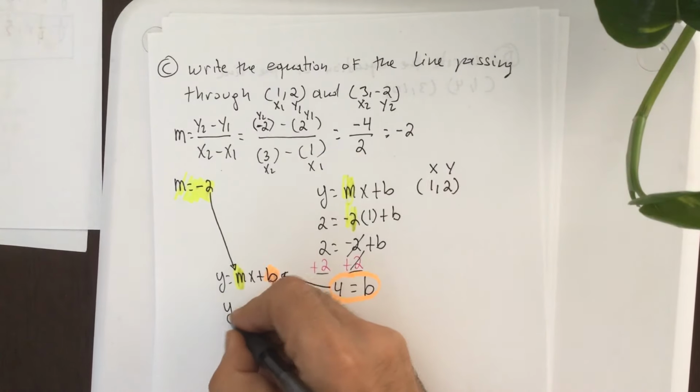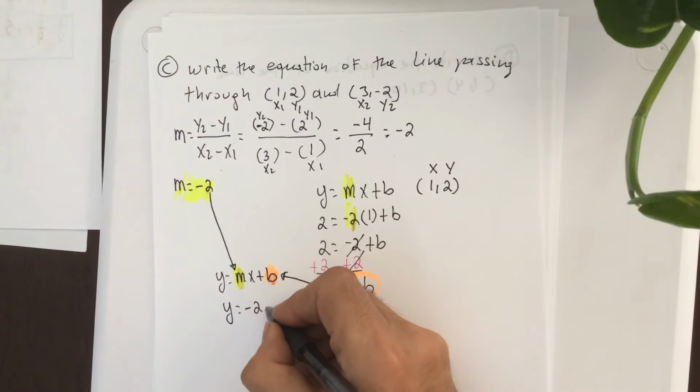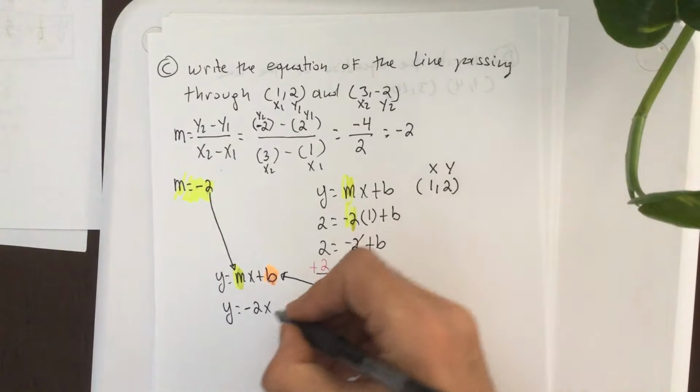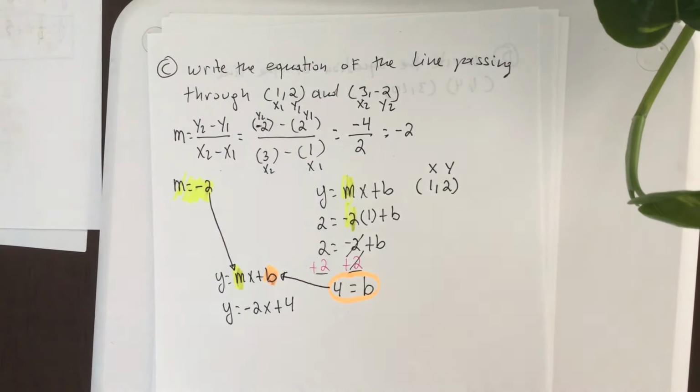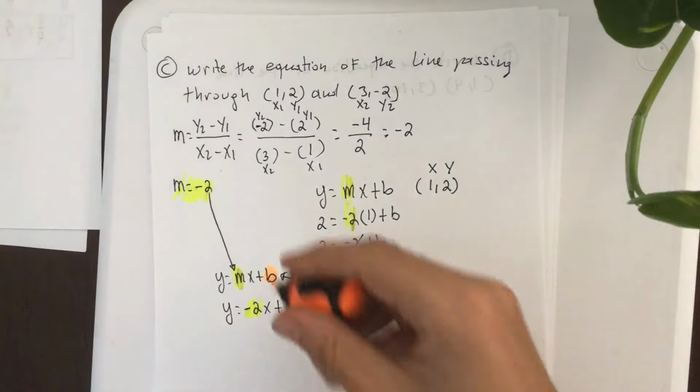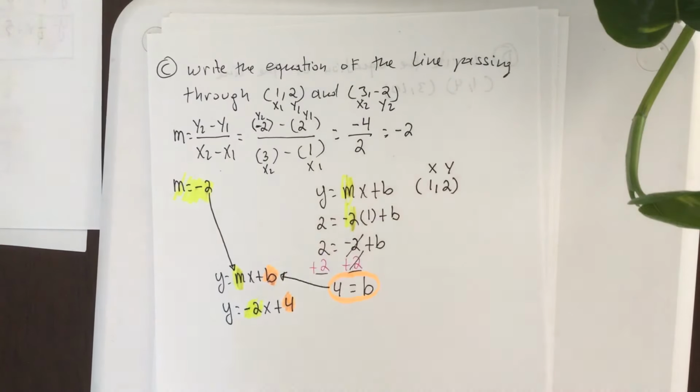So y equals -2x plus 4. That's -2 right there. That's the slope. And that one right there is my y-intercept.